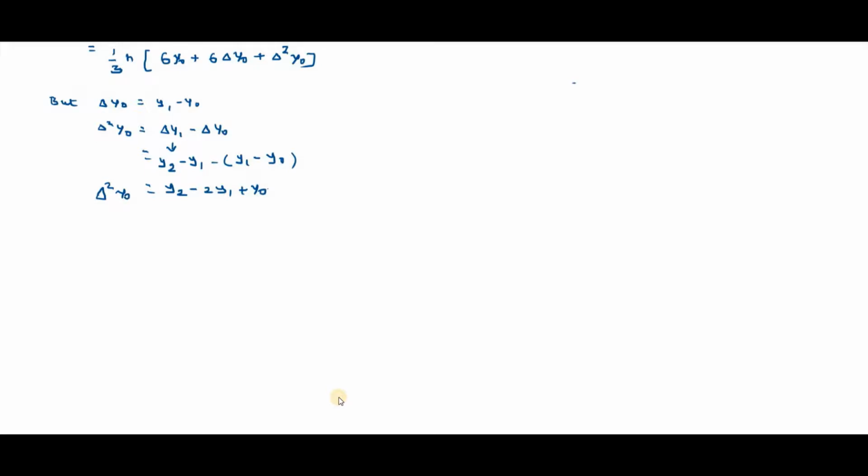Substitute both the values in the above equation. So we get 1 divided by 3 h into bracket, or simply h by 3, 6y0 plus 6 into delta y0, which is y1 minus y0, plus delta square y0, which is y2 minus 2y1 plus y0.